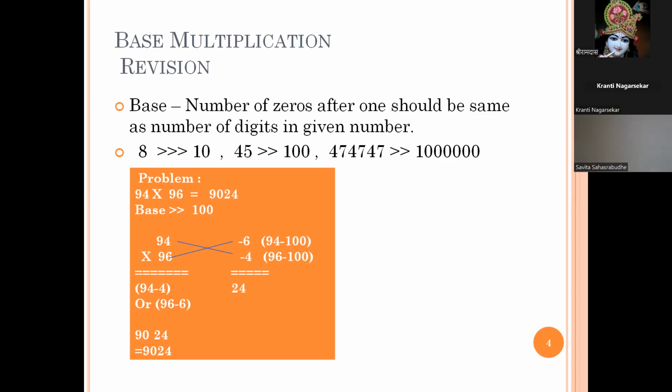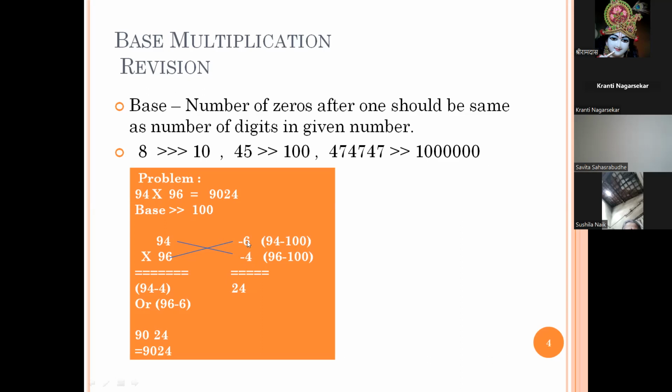We also covered how to multiply using the base multiplication technique for numbers near the base. First, try to understand the pattern. For example, 94 into 96: we take the base as 100 and subtract. 94 minus 100 gives minus 6, and 96 minus 100 gives minus 4.